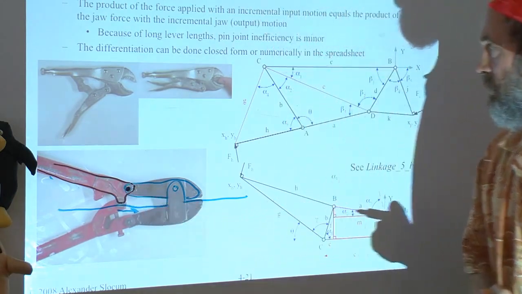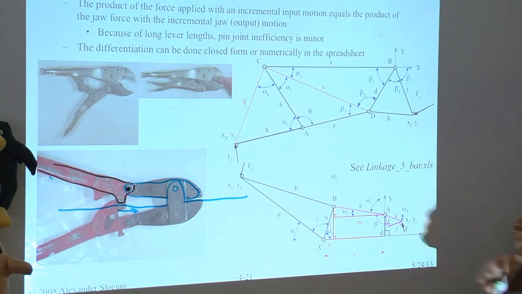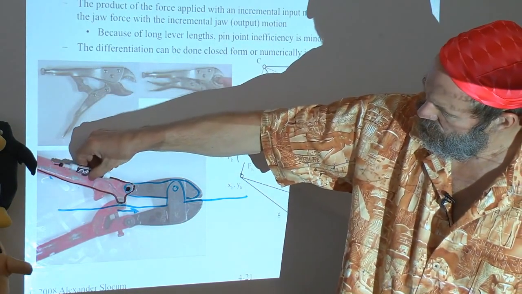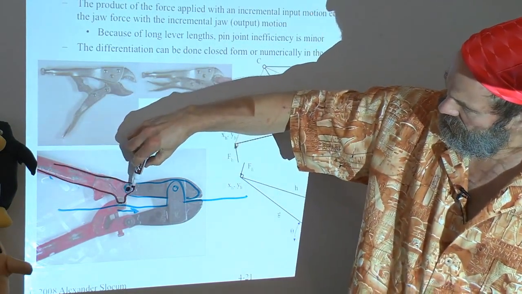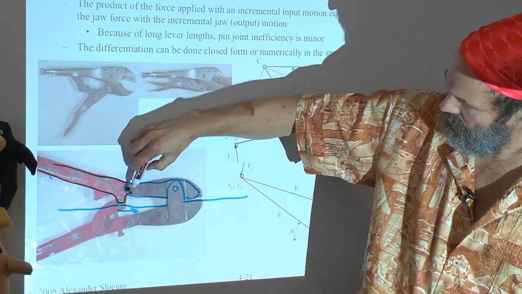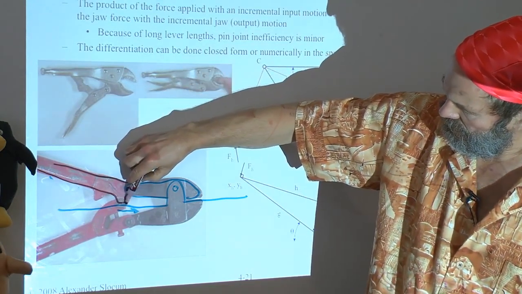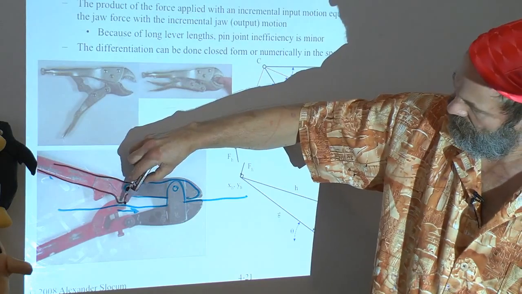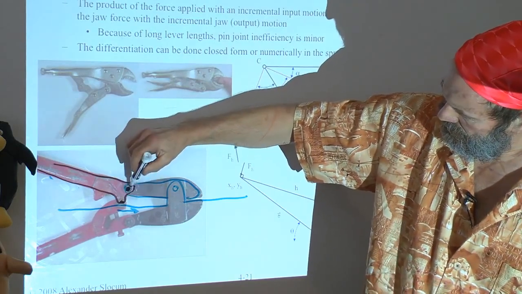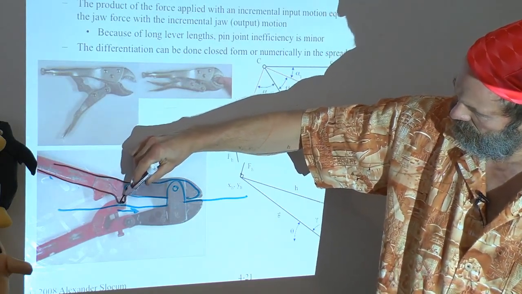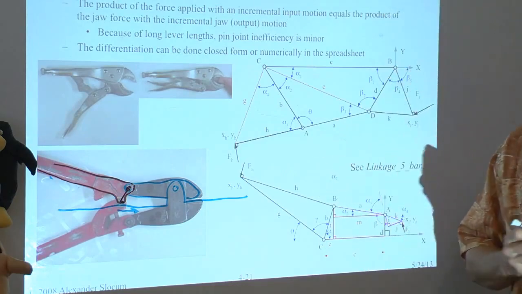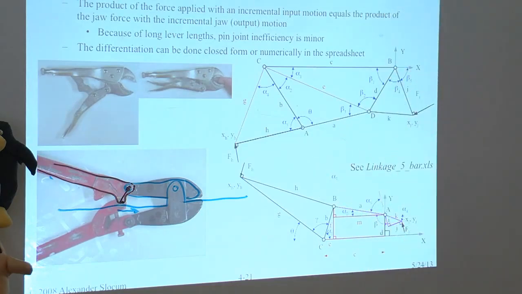Okay? So what is happening here is this handle moves down, this point goes up, this point here slides in. But this distance from here to here stays the same. So think about it a minute and draw in your notebook what's actually happening.